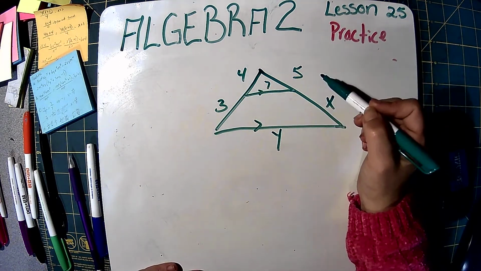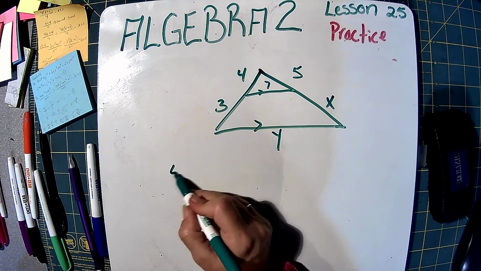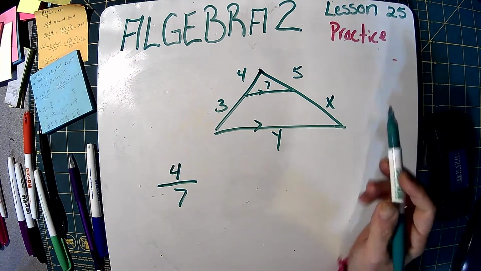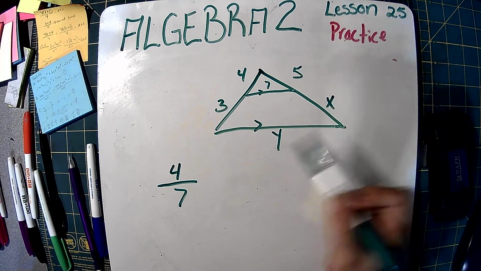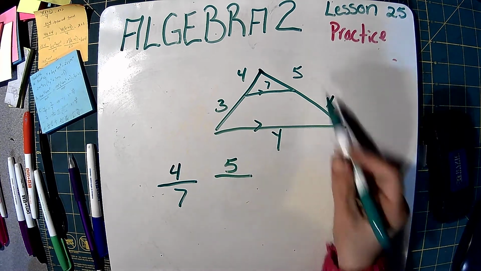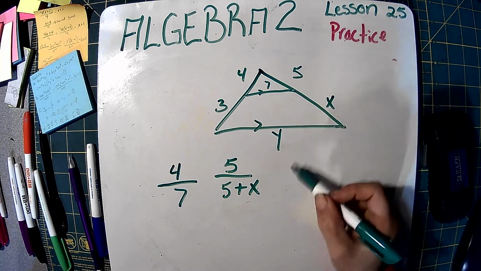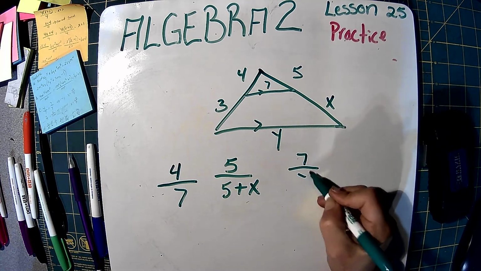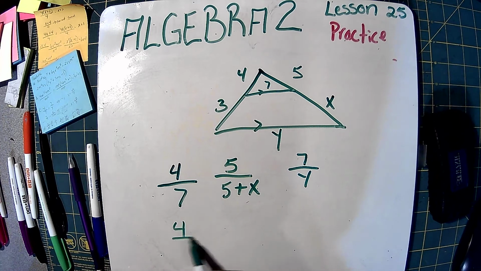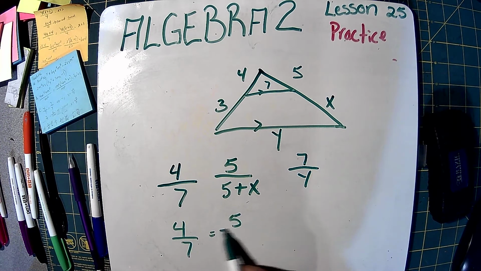Okay, so I can say that 4 is to 7, and then we've got 5 to 5 plus x, and then we've got 7 to y. Alright, so 4 over 7 equals 5 over 5 plus x.